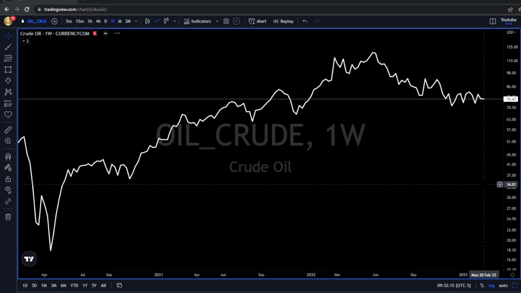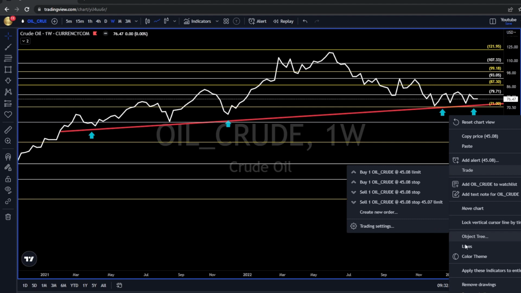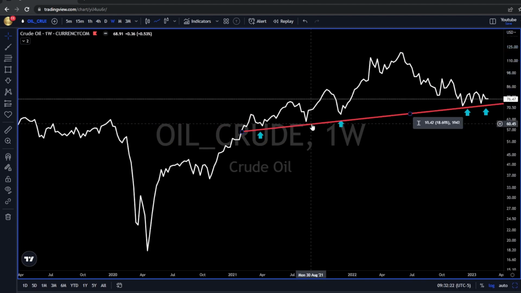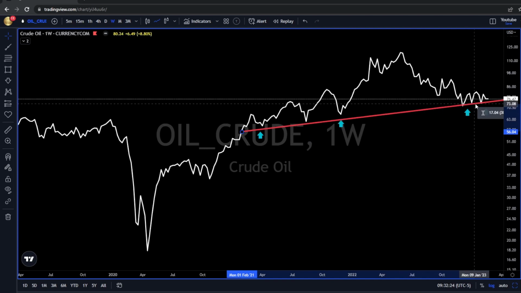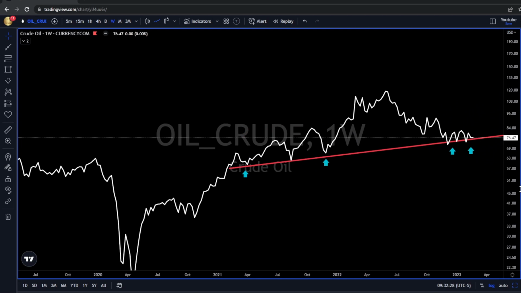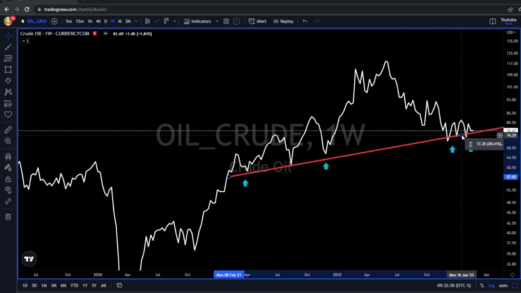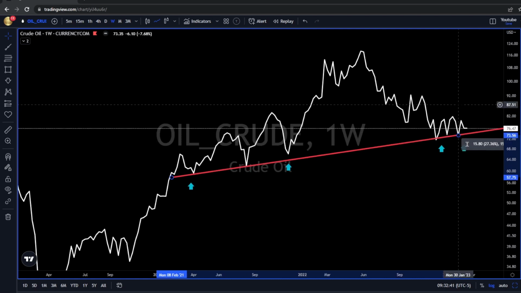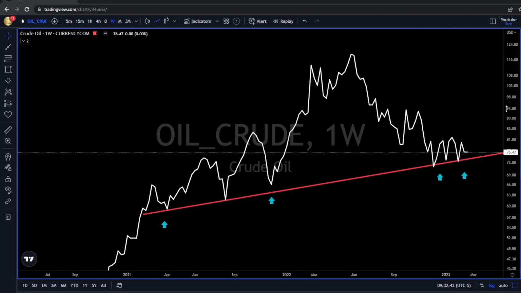Oil. Let's see what's going on with oil. Let's clean the chart. We have a clear trend line. As you can see, this is not rocket science. It's only price action. Learn how to look left, identify where price was, why it's now where it is, and where it will go from here with high probability.